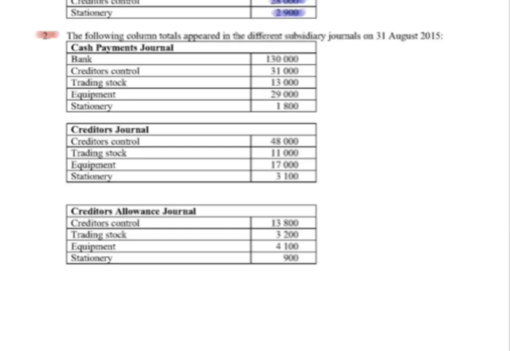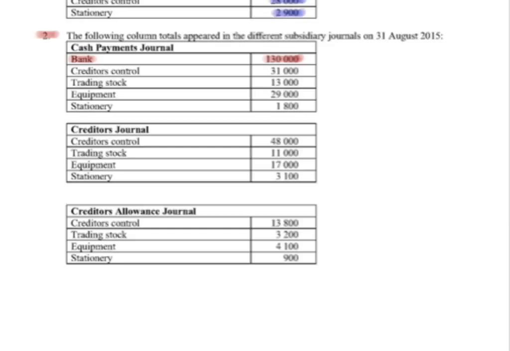If it's one of your cash journals, in other words your cash receipts journal, your cash payments journal, or later on a petty cash journal, the cash journals have a main account that we call bank. So bank is going to be our main account when we talk about the cash payments journal.